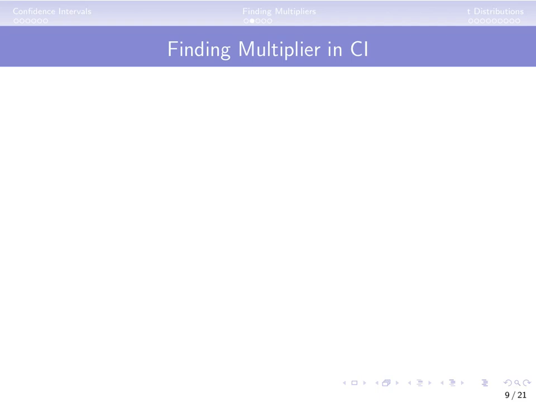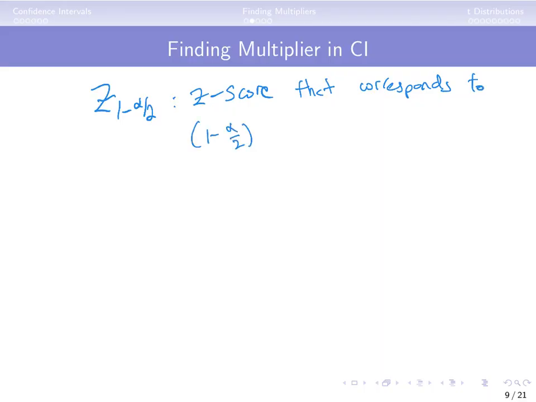A few things to remind ourselves first. The formula writes the multiplier as this symbol over here, which is basically the value of the z-score, or the z distribution, that corresponds to the 1 minus alpha over 2 percentile.